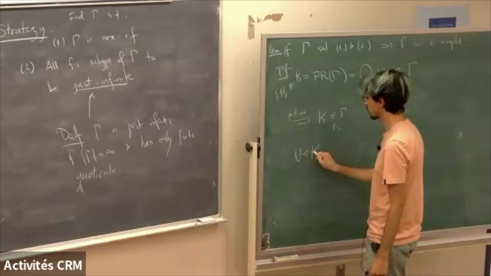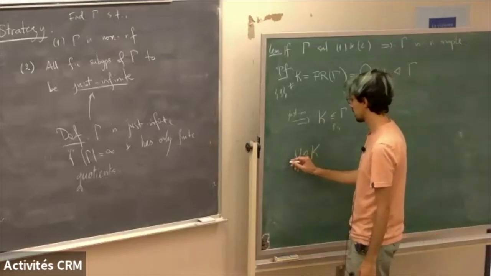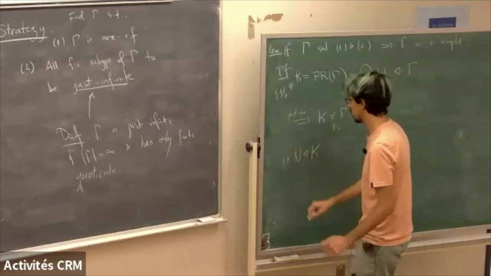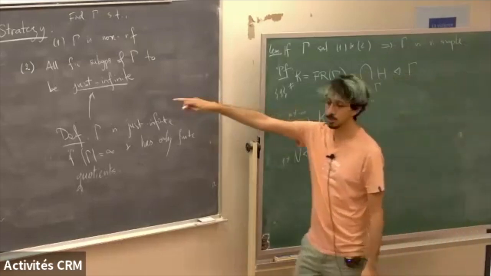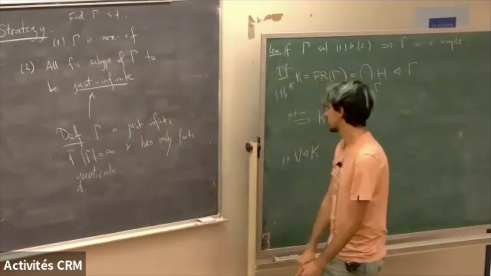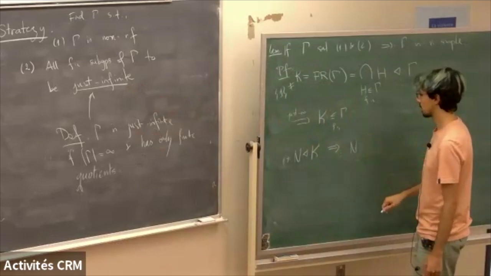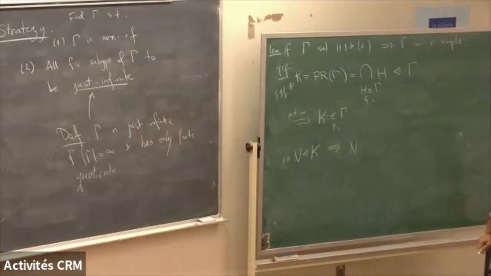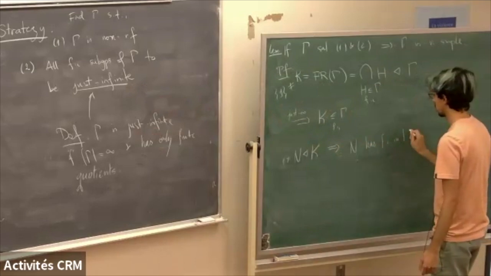So if I have any normal subgroup n of k, what do I want to say? Well, k is just infinite, that's my assumption. Then I want to say n has finite index in k.